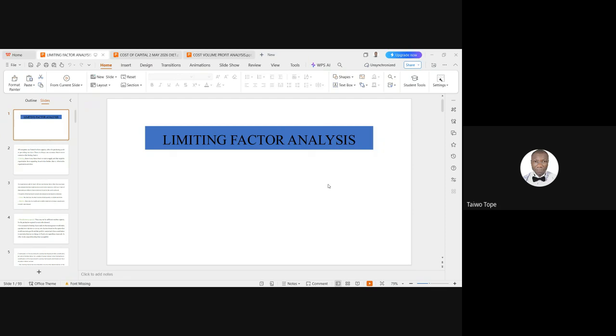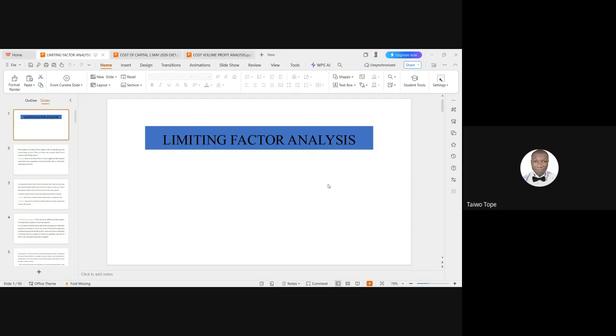It can also be in terms of machine hours, capital, or limited market demand. So when one or more of these resources are in short supply, the management of an organization must decide how best to use the resources.